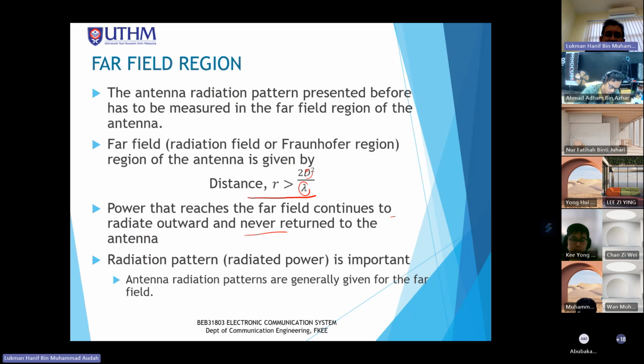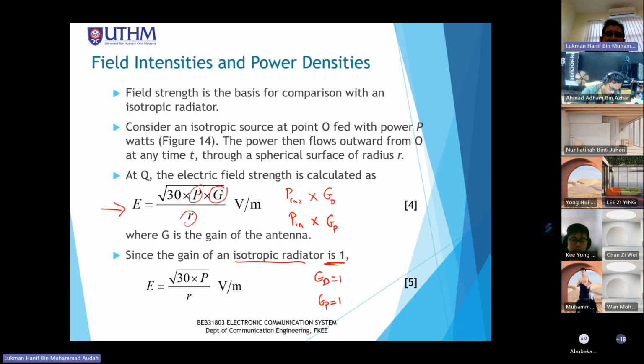For this case, that means we can put G equal to 1, so multiplied with 1. So 30 times P, since the gain is 1, we can make it as 30 times P only, divided with R. And the unit for electric field is volt per meter.